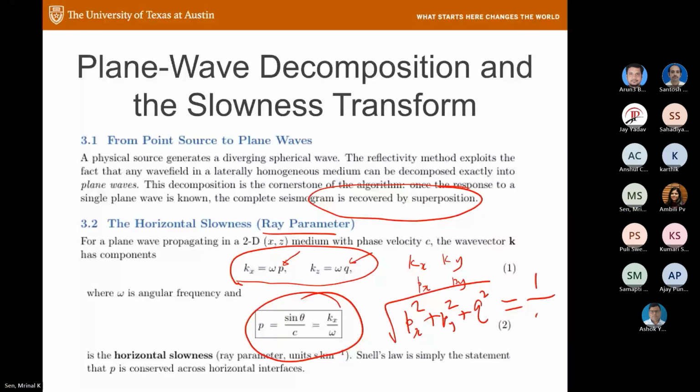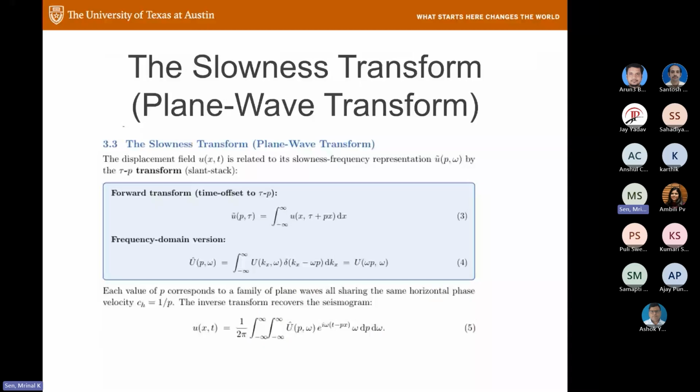This is something that I talked about earlier. You can just do a slowness transformation, offset to tau-p, and you can go to the frequency domain. But this is a linear transform, and like I said earlier, this does not give you correct amplitude. It will have a spreading term, which is square root of r, rather than 1 over r, which is what we have for point sources.